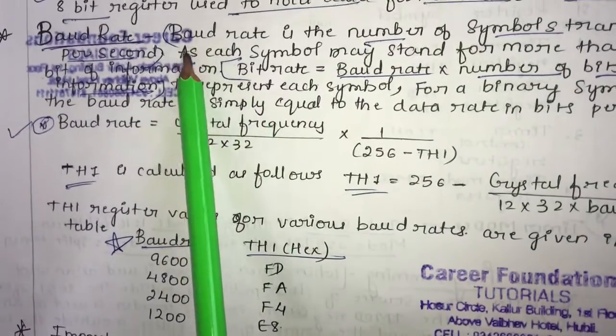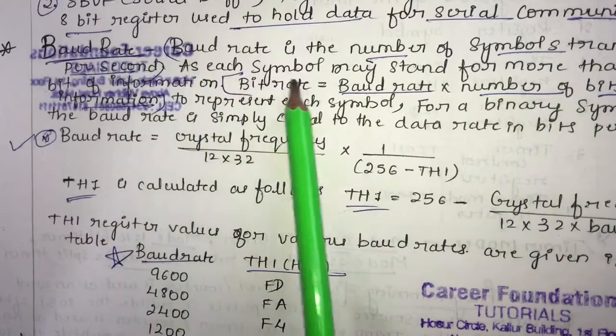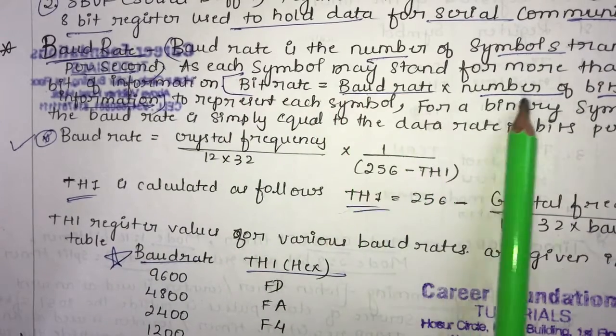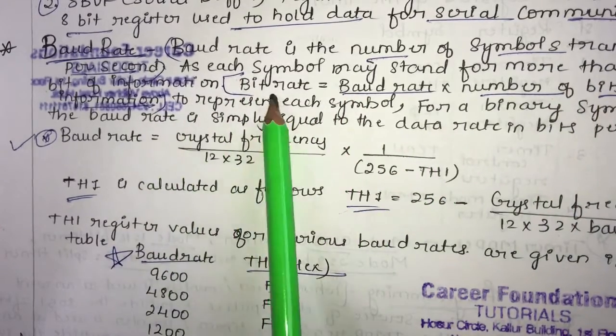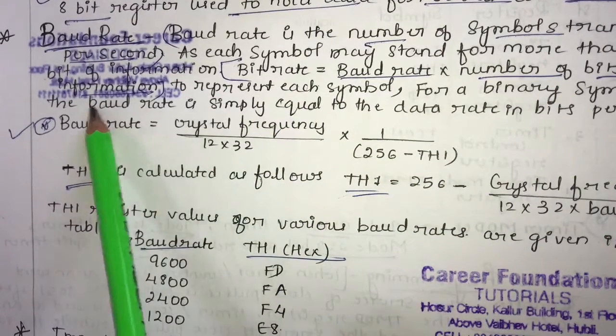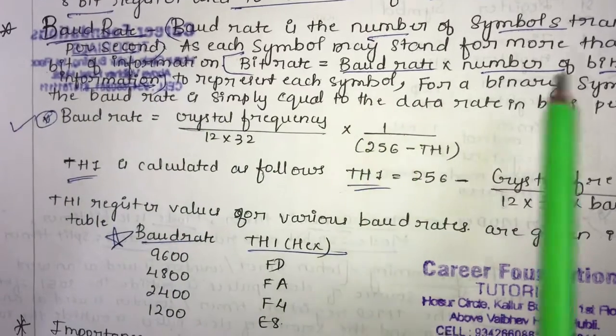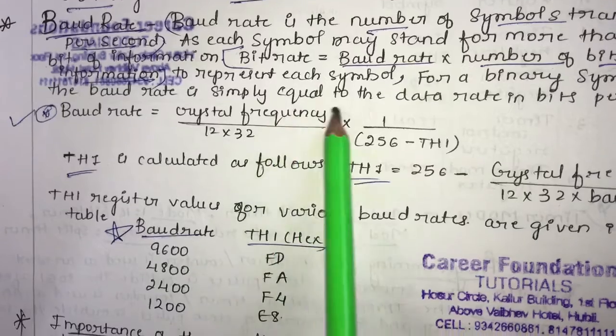Next important is baud rate. Baud rate is the number of symbols which are transmitted per second. Each symbol may stand for more than 1 bit of information. So bit rate is equal to baud rate times the number of bits of information representing each symbol. For a binary symbol, baud rate is simply equal to the data rate.